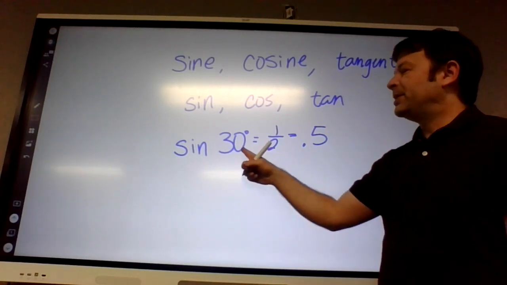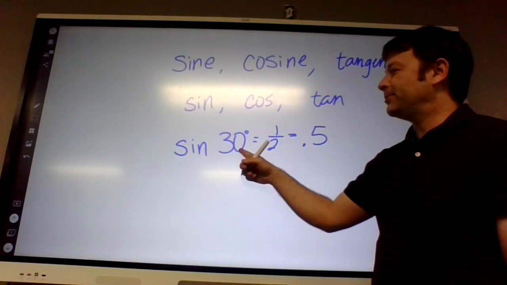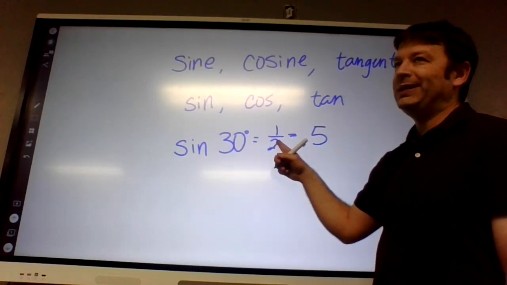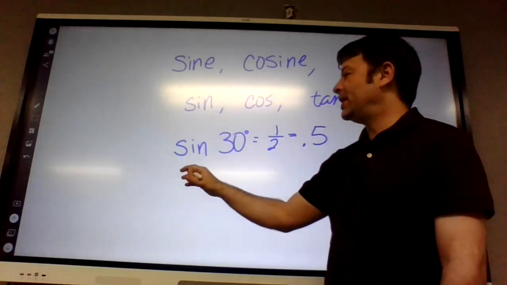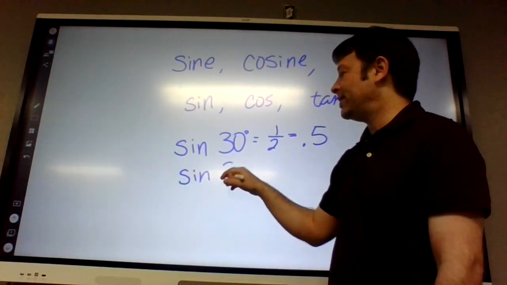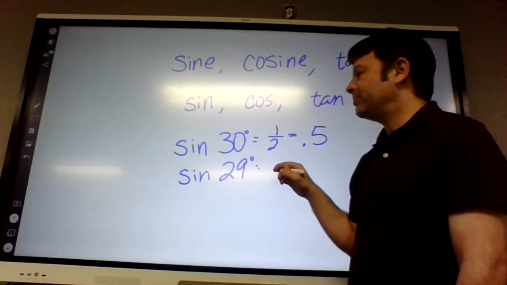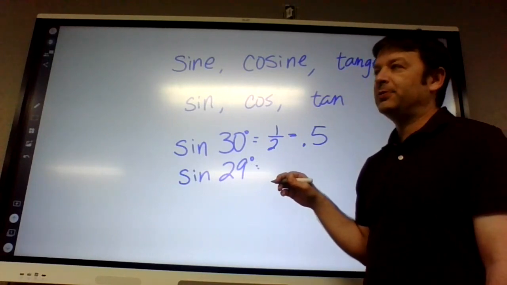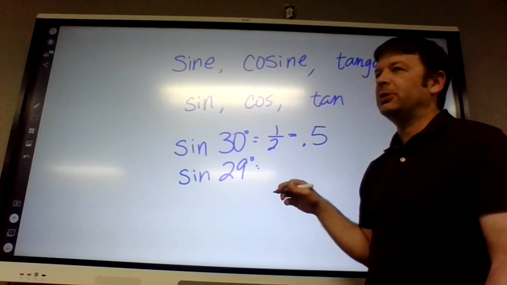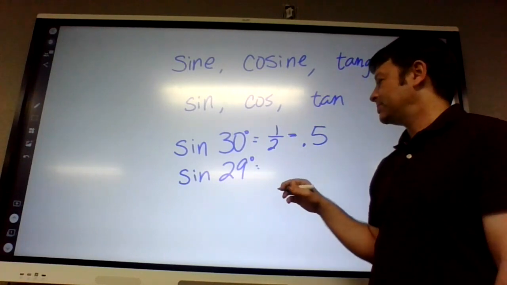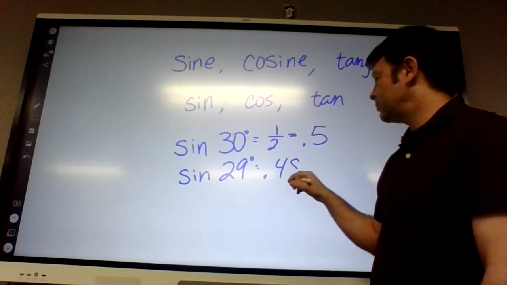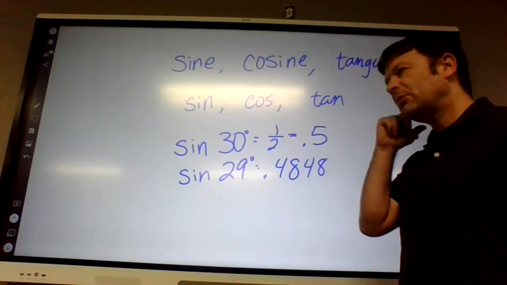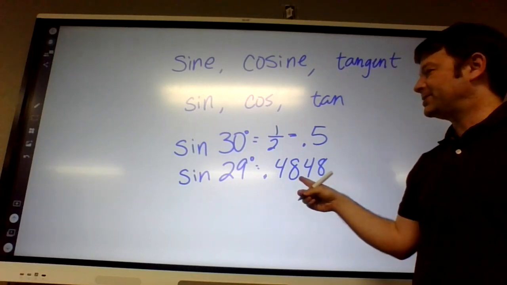But like I said, 30 is one of the rare cases where it works out pretty. If you change it to sine of 29, it's not going to be so pretty. Give me the first 4 digits. 4848? Yeah. Okay, so usually it's a mess like this.